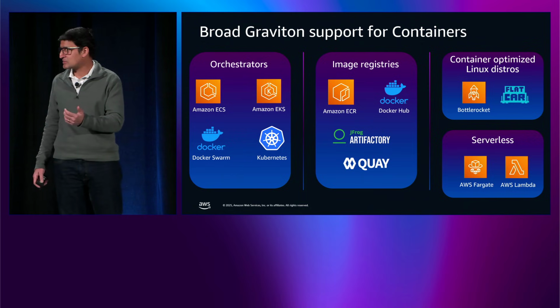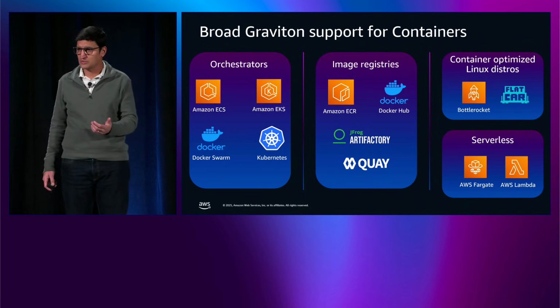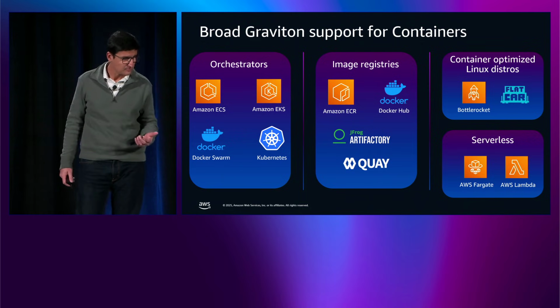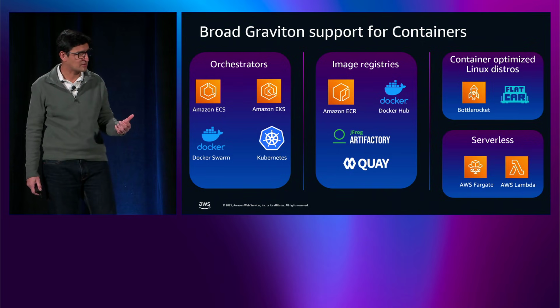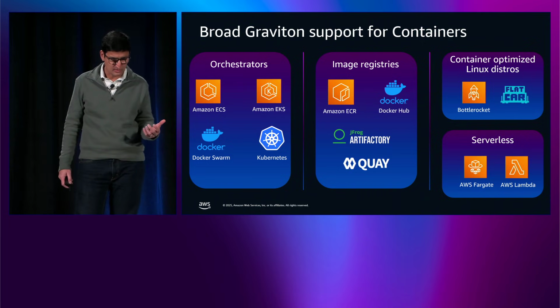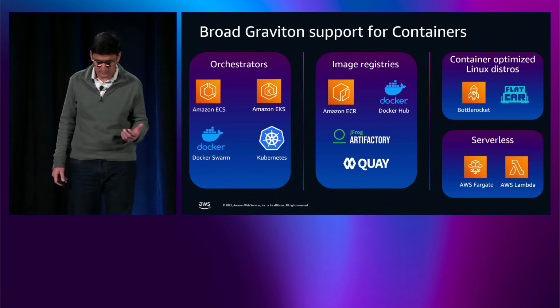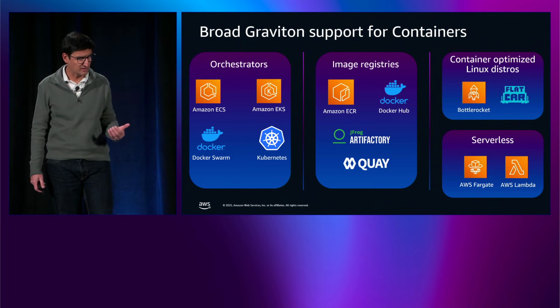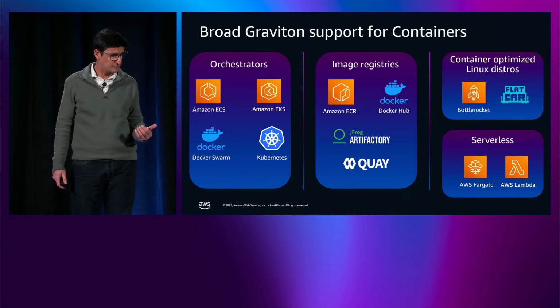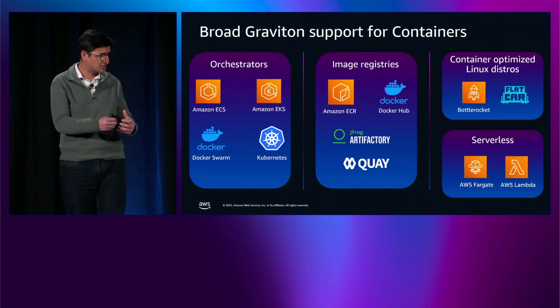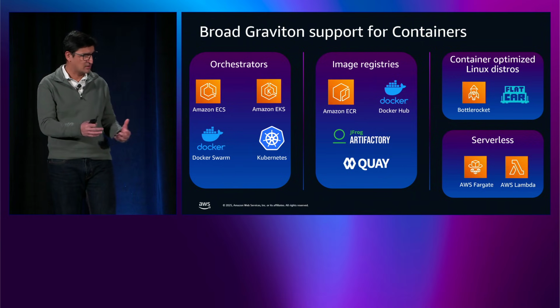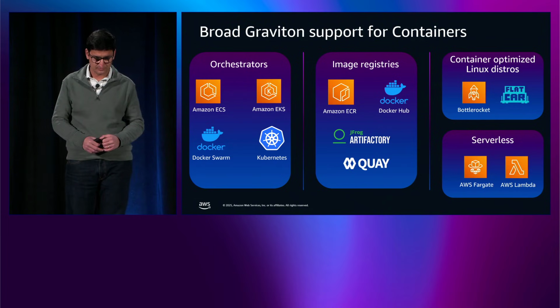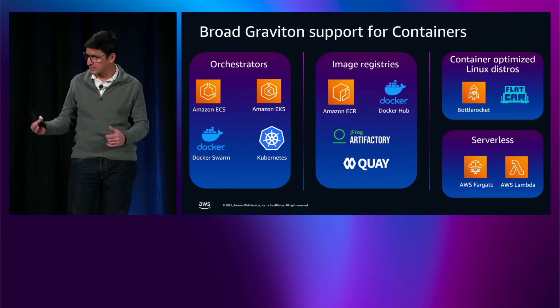I mentioned earlier, customers run their containerized microservices on Graviton. For orchestration of these containers, services like Amazon ECS and EKS support Graviton. Docker Hub also allows you to publish multi-architecture images. So you can publish x86 and ARM64 images using these services. You can use Docker BuildX, for example.